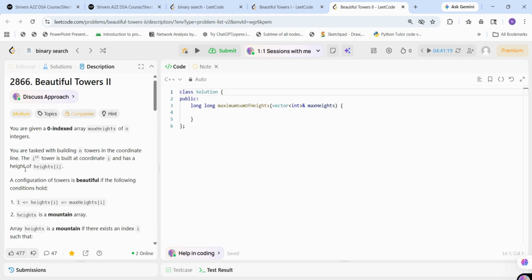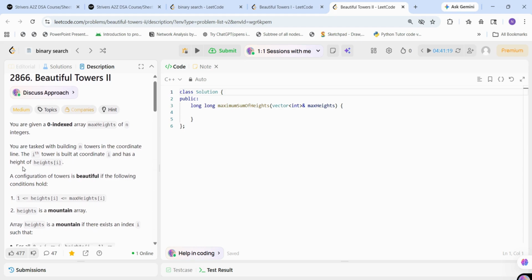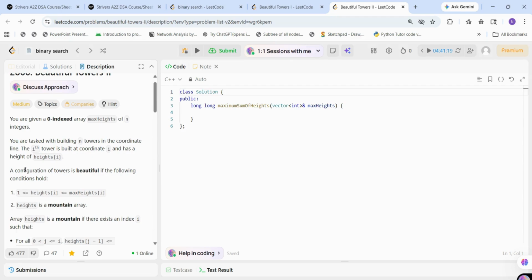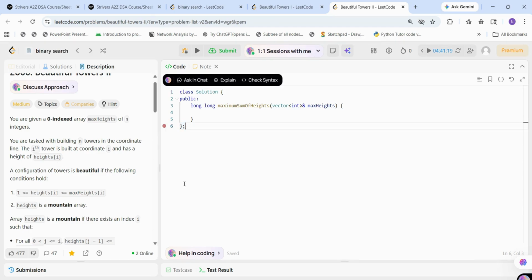So you are given a zero-indexed array maxHeights of n integers, and you are tasked with building n towers in the coordinate line. I will be demonstrating this in a diagrammatic way also in my sketchpad.